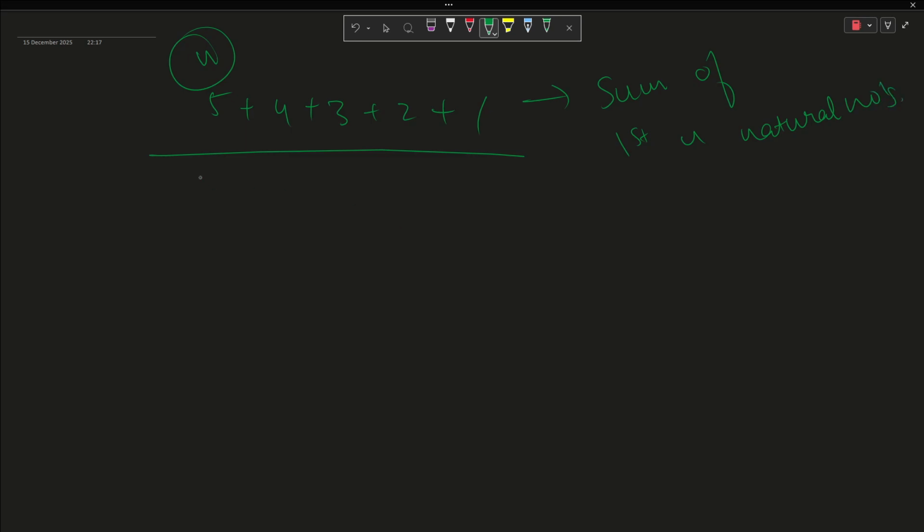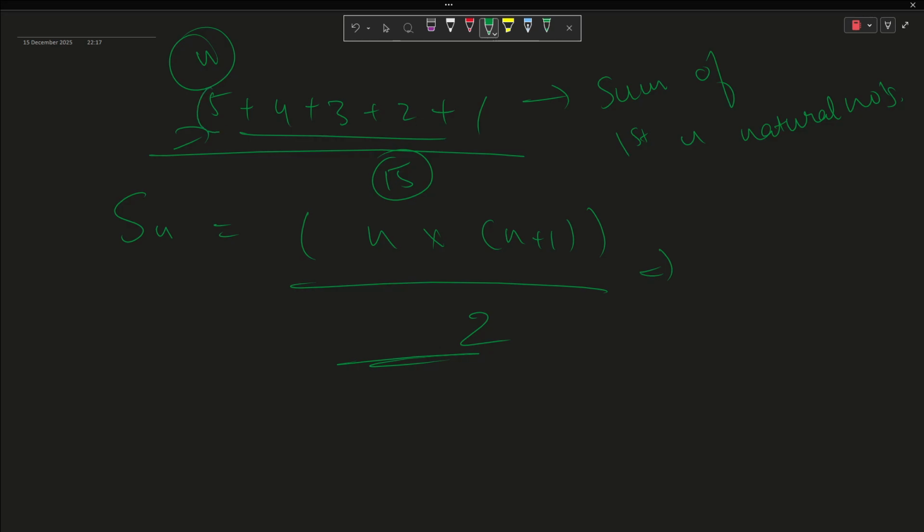If you don't know the formula to calculate this quickly without iterating and calculating the sum, the sum of the first n natural numbers is n into n plus 1 by 2. This is the formula. Manually, if you calculate, it will become 3, 3 plus 3 is 6, 10 and 15, right? So we can apply the formula directly.